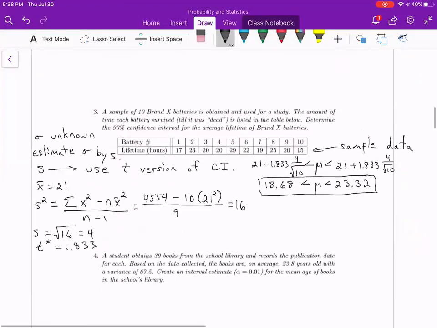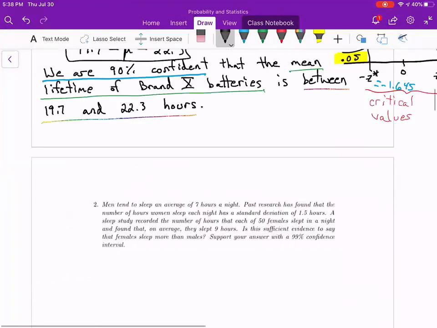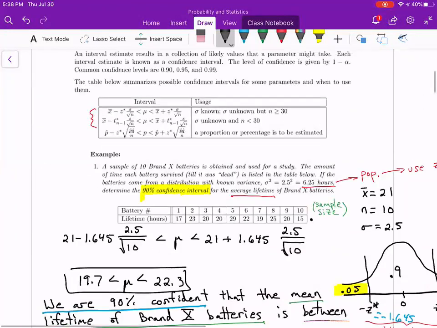And here it's a bigger interval, it's wider. So it goes from a lower value to a larger value. So there's more numbers contained inside. And both intervals are 90% confidence intervals. So the confidence level didn't change. The only thing that really changed was, did we know the population standard deviation or not?